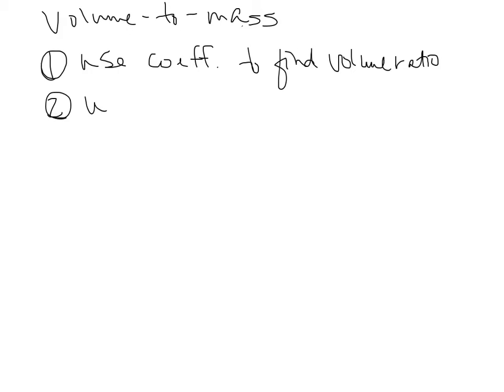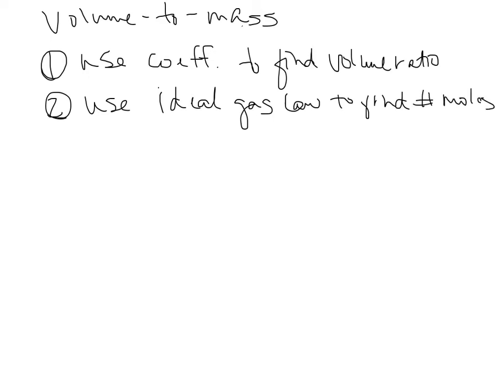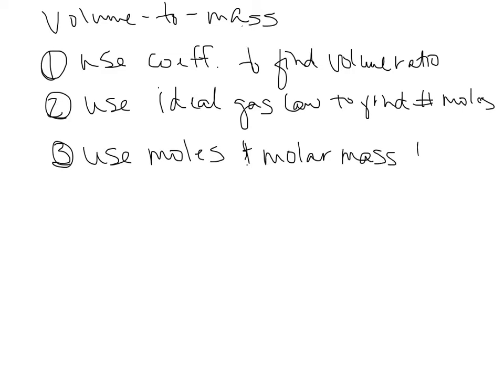And then we use ideal gas law to find the number of moles. And then the third step is that we use molar volume because we are now on the road map. So we use the number of moles and molar mass to find the number of grams.